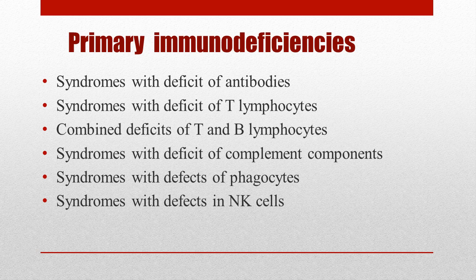Primary immunodeficiencies are presented by syndromes with deficit of antibodies, by syndromes with deficit of T lymphocytes, by combined deficits of T and B lymphocytes, by syndromes with deficit of complement components, by syndromes with defects of phagocytes, and by syndromes with defects in natural killer cells.